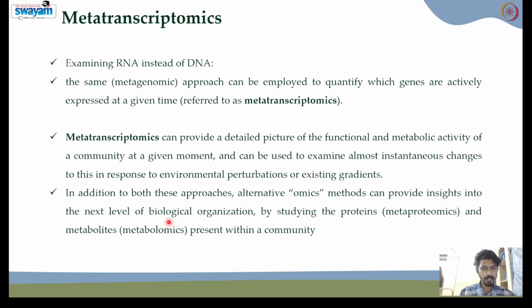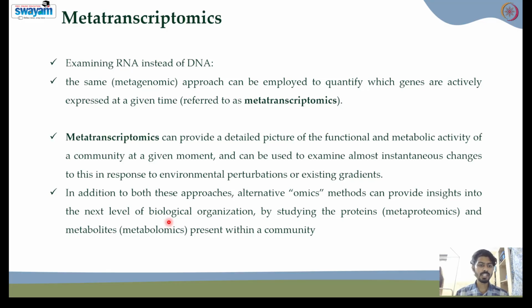So from today's lecture, we understand that DNA can tell us the blueprint, but RNA shows the plan of what needs to be read, and what tools need to be used, and if metabolites are the final products, what needs to be used. So first, if you need to know the functional and metabolic activity of a community, you can go for meta-transcriptomics.